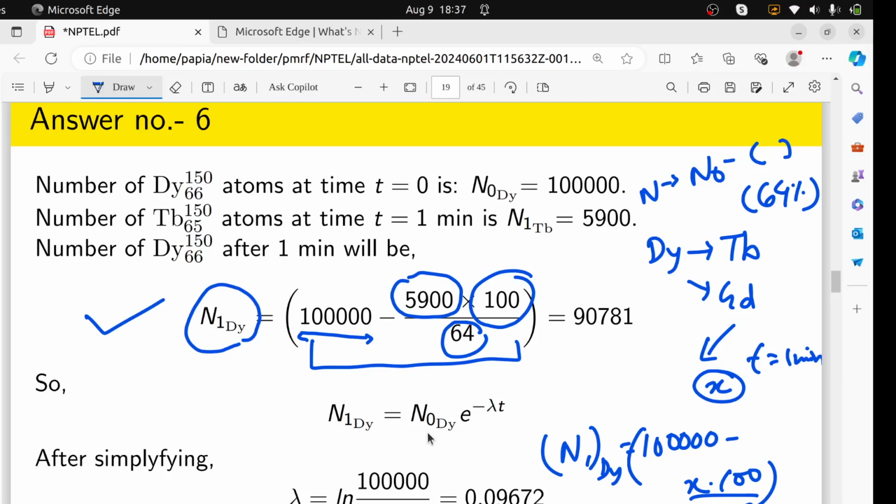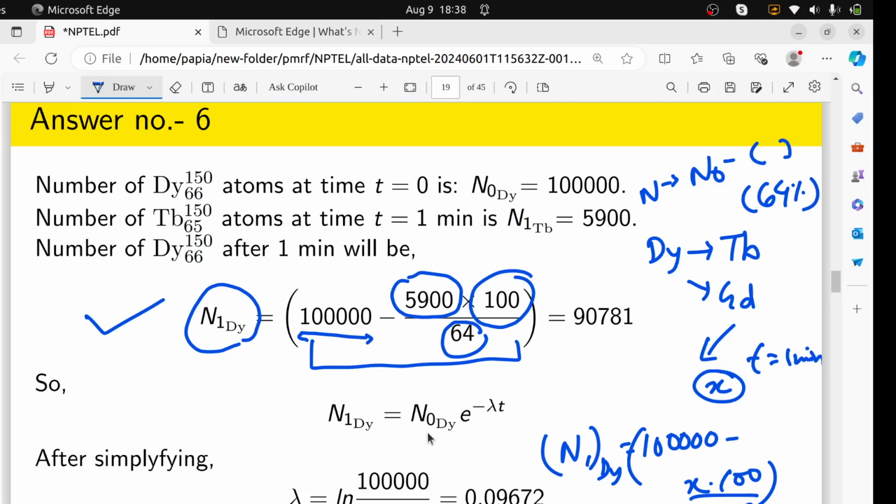N for Dy is nothing but N0 minus N at t equals 0 for TB into 100 by that much percentage, because it is going to decay in 64%. If they ask about GD, then that should be 100 divided by 36.